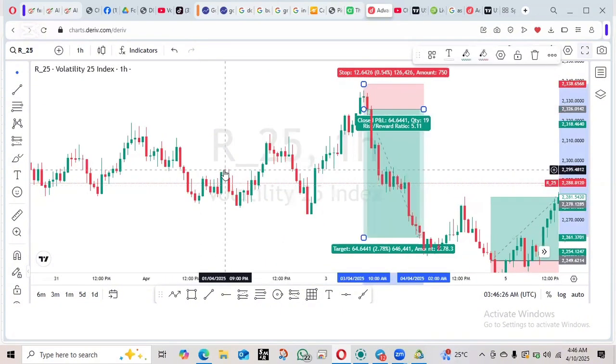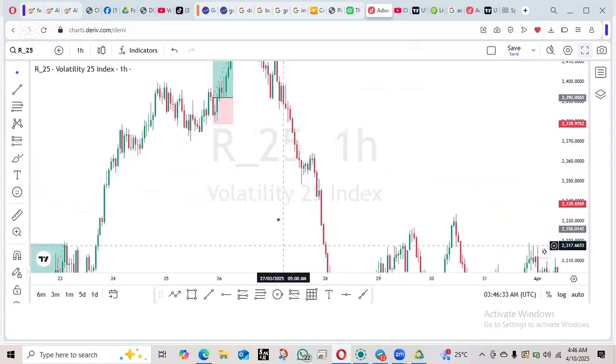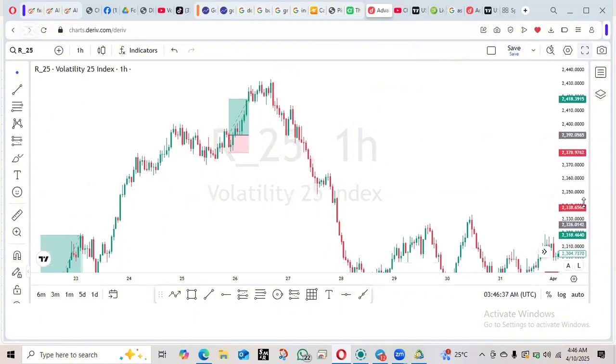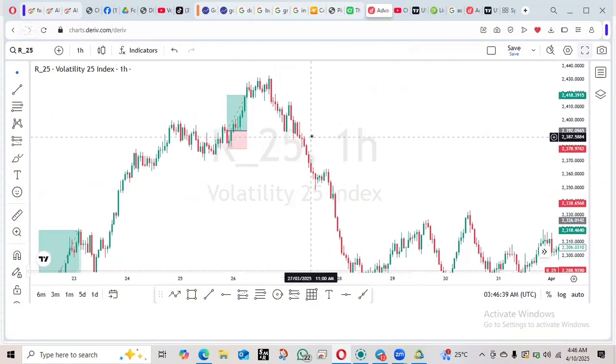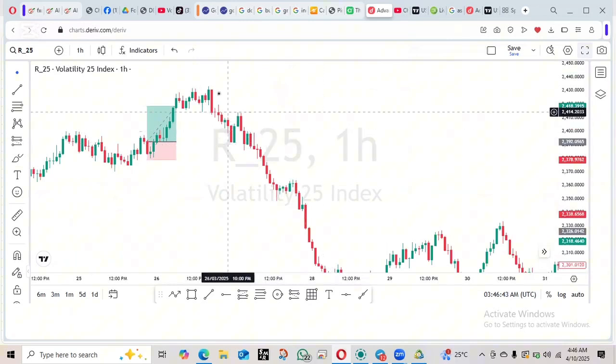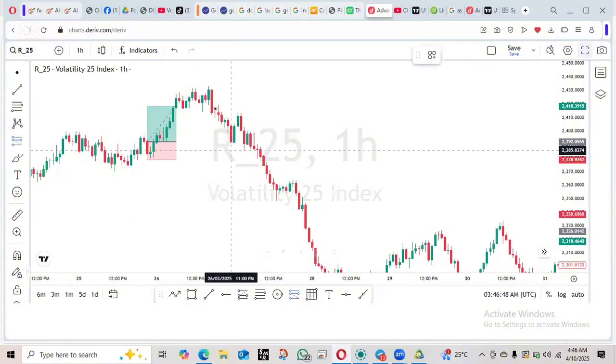So this is a very good strategy, guys. This is a very effective strategy. Now you notice that at the top of the market, every time the market wants to reverse, you see that there is one of these candlestick patterns. If it is a sell, you just notice that there will be one of these candlestick patterns printed.